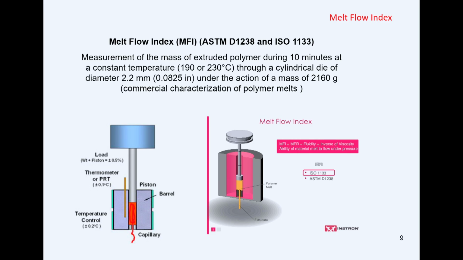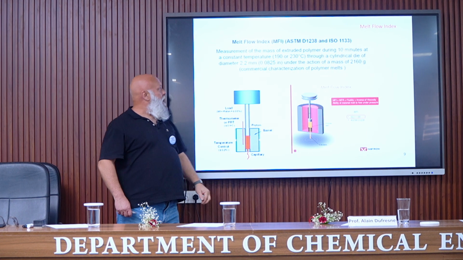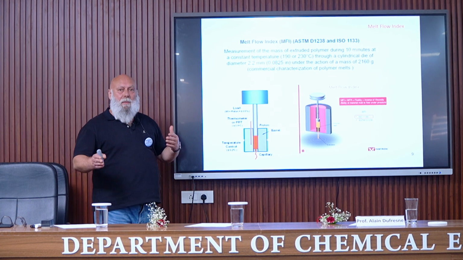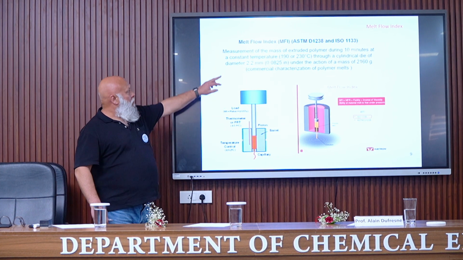This is the principle of the measurement. It is a measurement of the mass of extruded polymer during 10 minutes at a constant temperature, 190 or 230 degrees Celsius. So it depends on the polymer. It can be found in the standard. For example, in the case of polyethylene, it's 190.